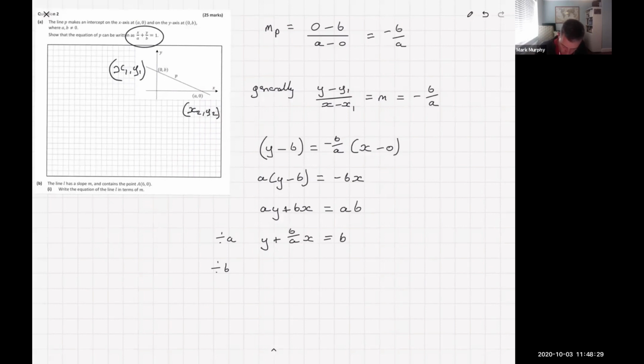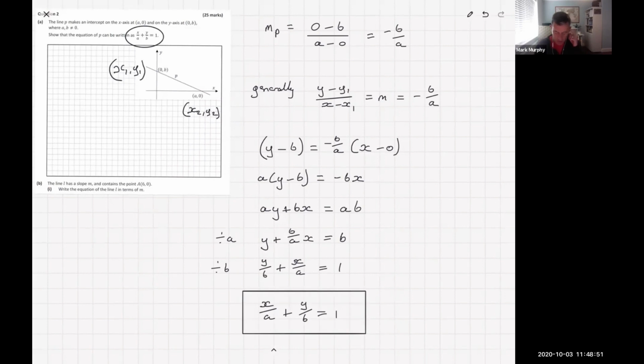So it's y over b plus x over a is equal to 1. So rewriting that, we get x over a plus y over b equals 1. That's the answer. That's what they asked for, okay?